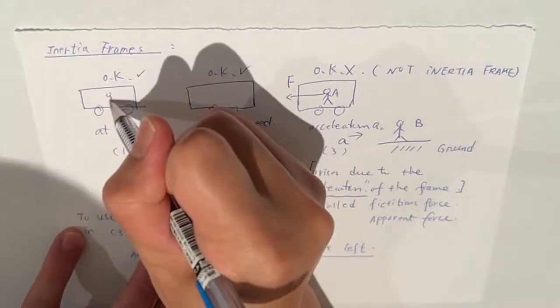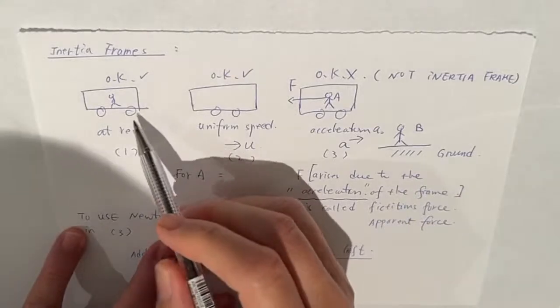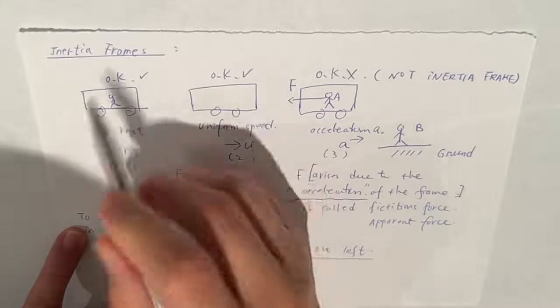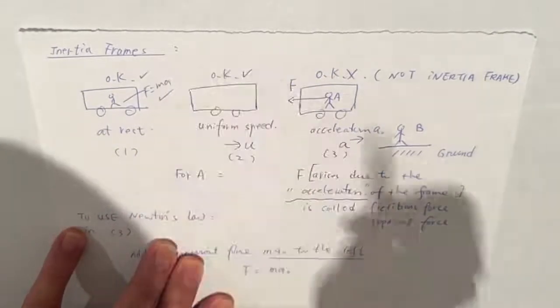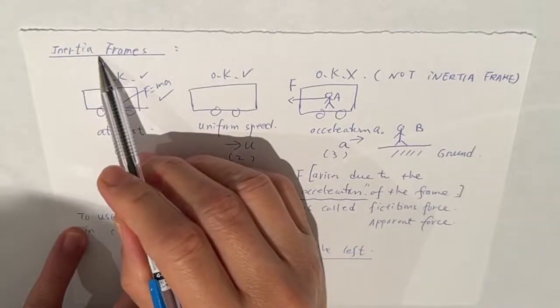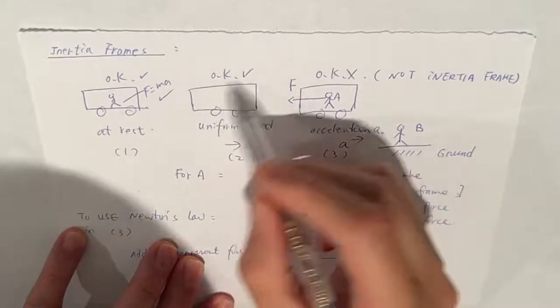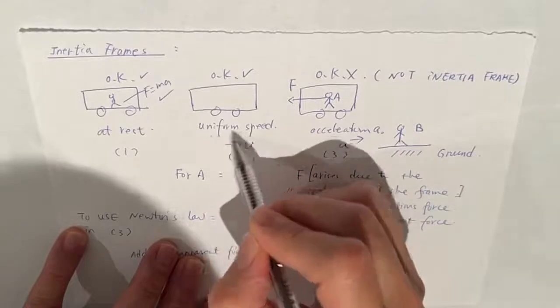That means if you are inside this train or cart, when you do the observation or do the experiment, then you can apply F equal to ma, no problem, because it is an inertial frame. Newton's law will hold, right? How about in this situation? For the train or the car moving with uniform speed.